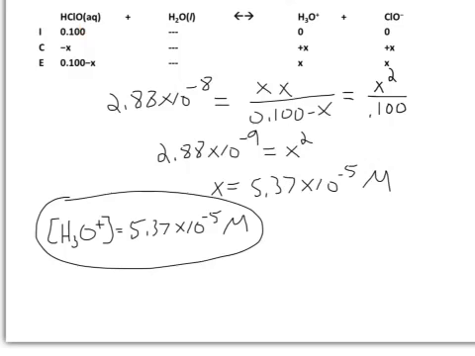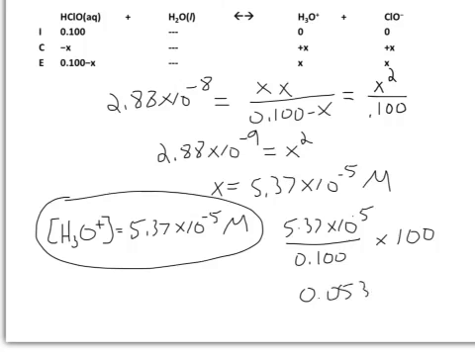So in my check, I'll do 5.37 times 10 to the minus 5 over the initial concentration times 100, and I get 0.0537%. We said it's okay to make this approximation when the change is less than 5% of the initial concentration, and we're much less than that, so this approximation was okay to make.